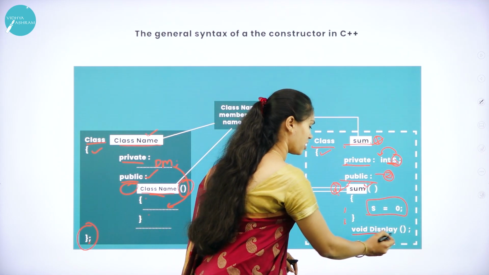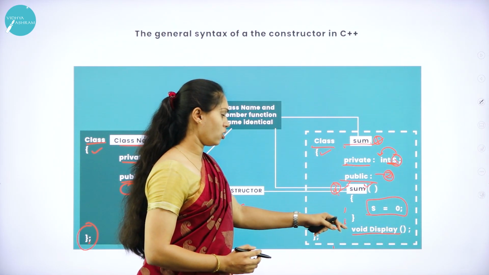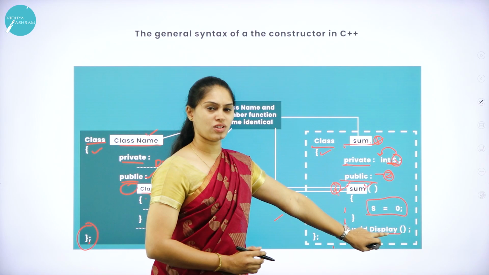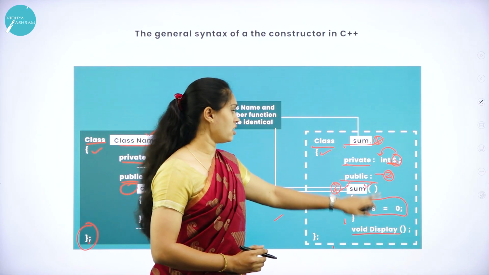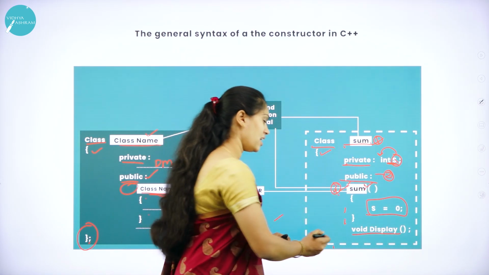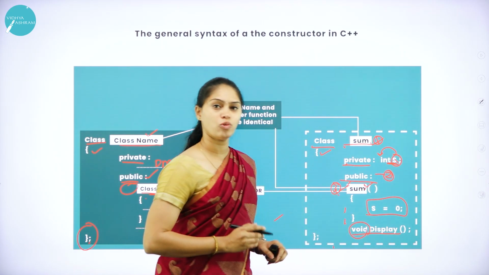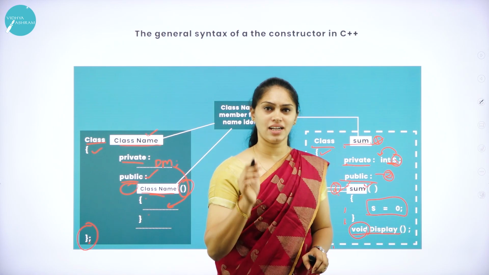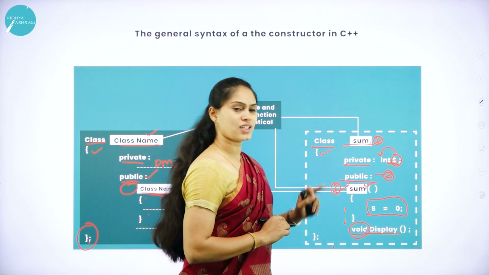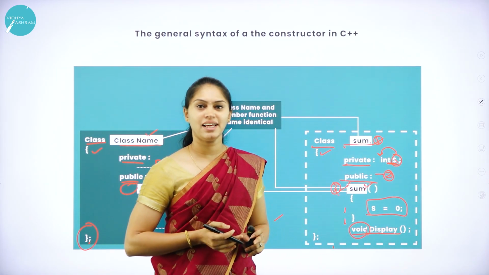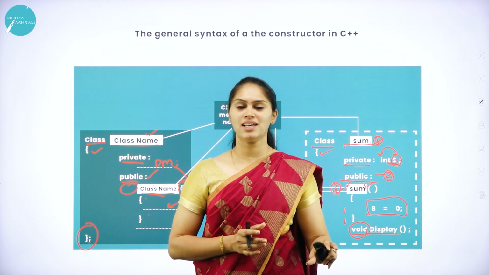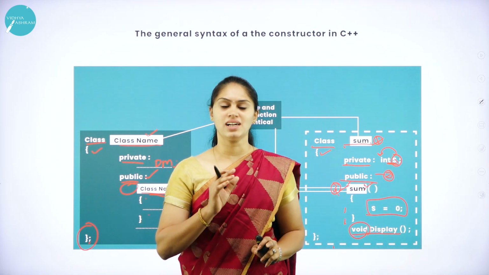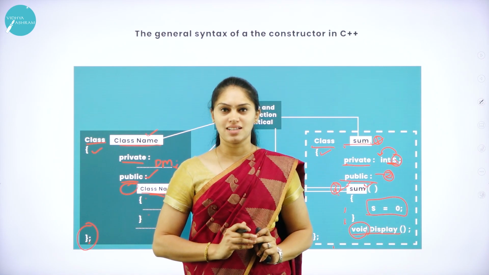I have one more function under the class scope, that is void display. This void display is a member function of class sum, but it has a return type called void, so I cannot call this a constructor, and it does not have the same name as the class. So I can easily recognize that display is just a member function of the class, but not a constructor.